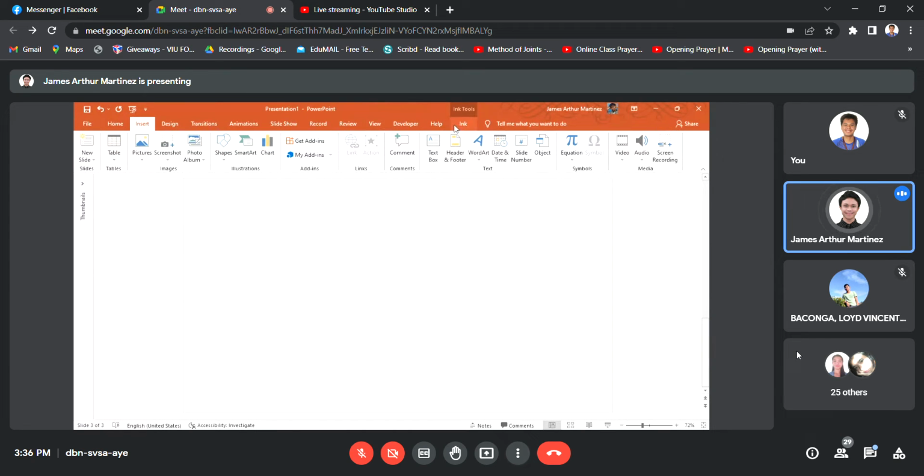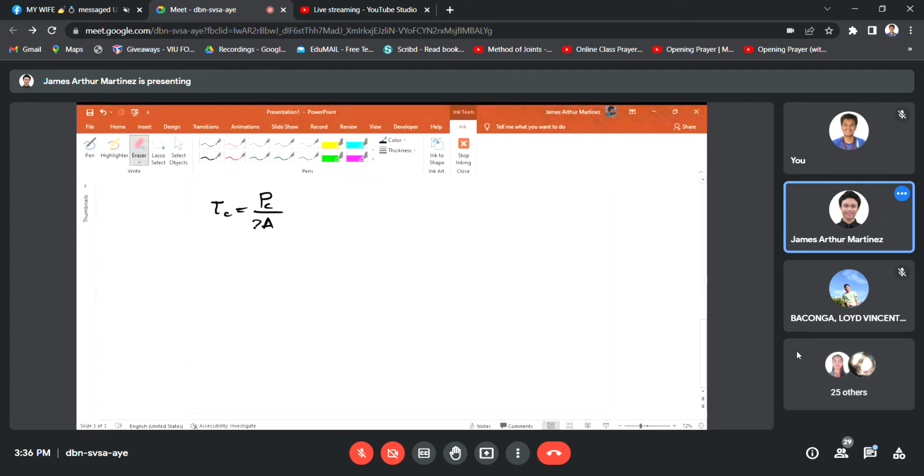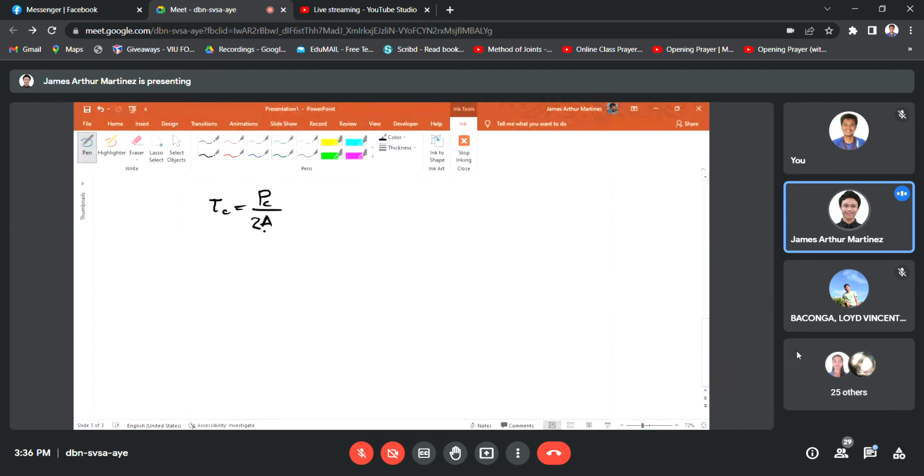Okay, so the allowable stress at pin C is equal to the total reaction at pin C all over 2A since it is under a double shear condition.